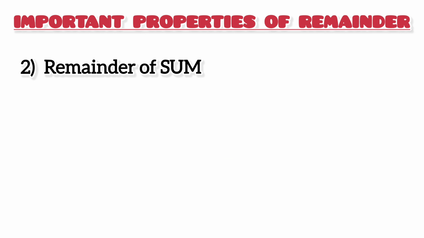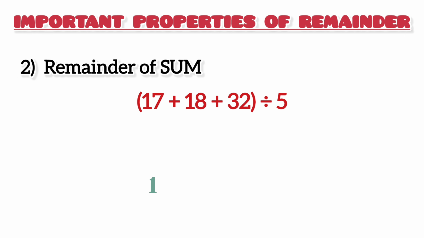You need to find the remainder when 17 plus 18 plus 32 is divided by 5. So 17 division 5 gives the remainder 2, 18 division 5, 3, 32 division 5, 2. Add 2 plus 3 plus 2, this is 7.